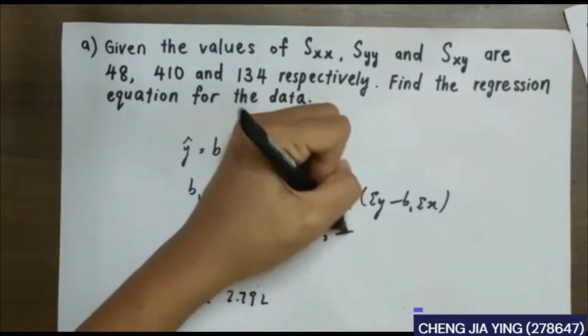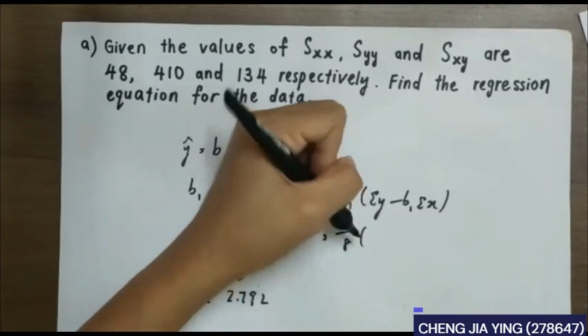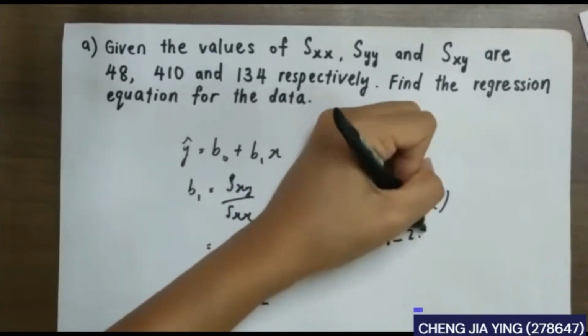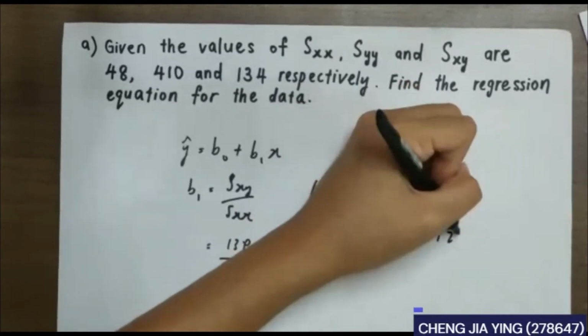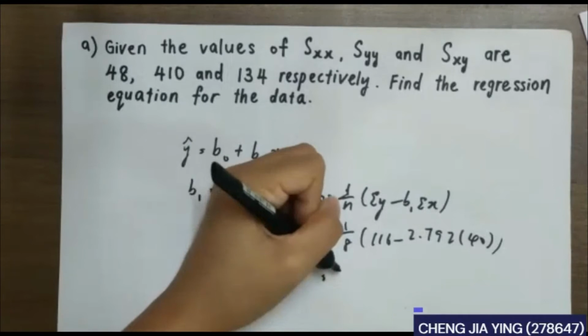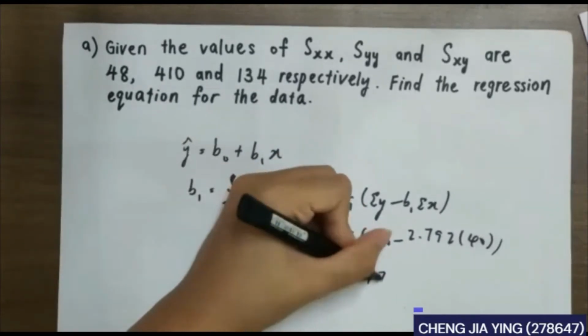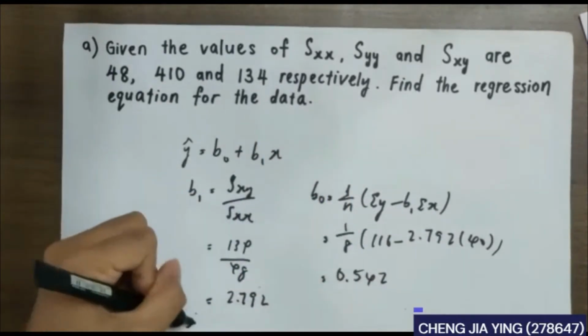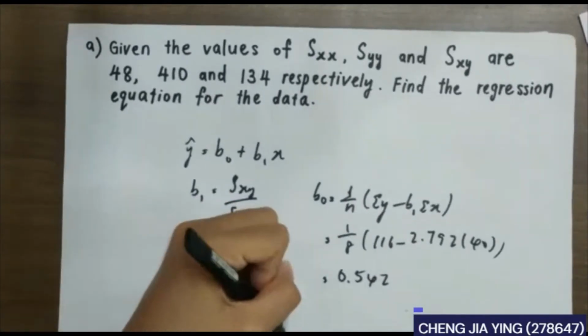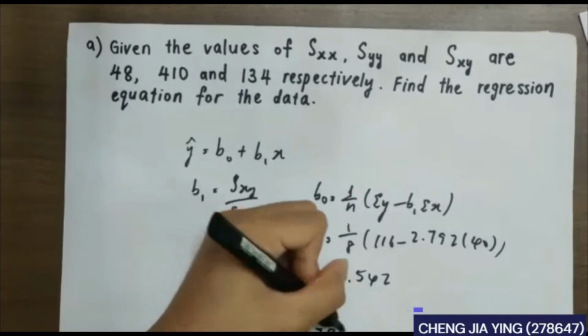So we substitute: 1 divided by 8 times 116 minus 2.792 times 40. So we find the value of b0 is 0.542. So the regression equation is y equals 0.542 plus 2.792x.